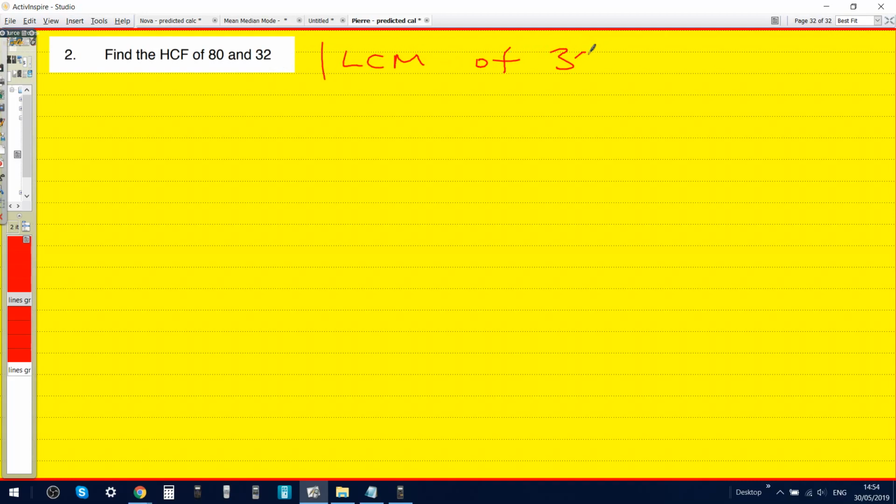So basically, 32 and 50. Obviously, I don't want to have to write everything down, like go through the times table and line it up. You can use the calculator. So is it you do 32 equals and then shift fact. So it's 2 to the power of 5 for 32.